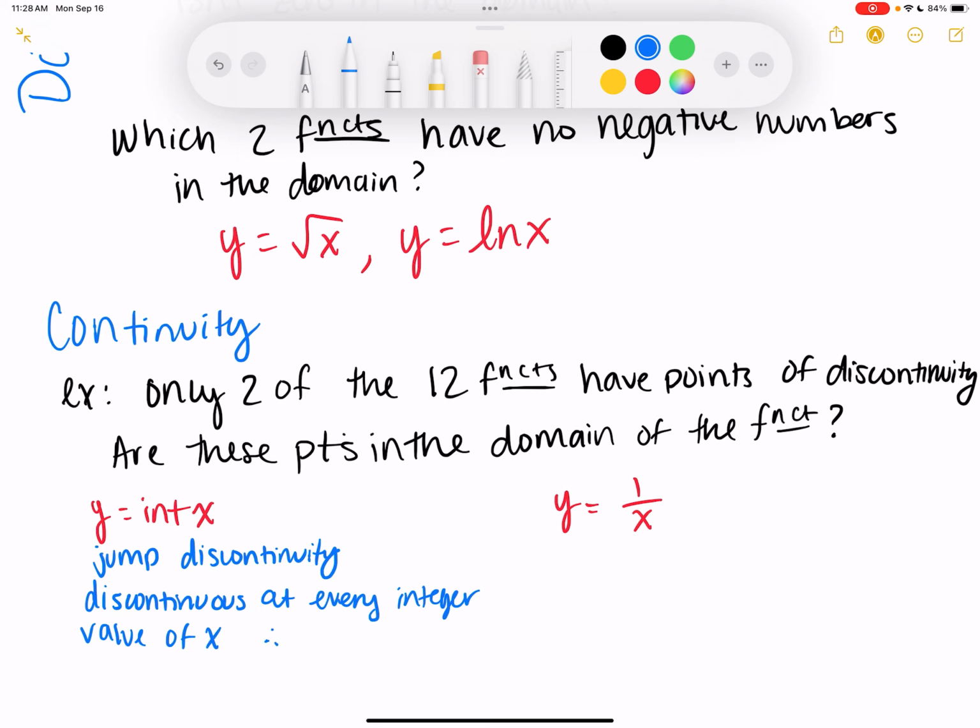Therefore, it's not continuous. And that would not be in the domain because the domain of this is all real numbers, but it has a point of discontinuity at every value, so it would not be.